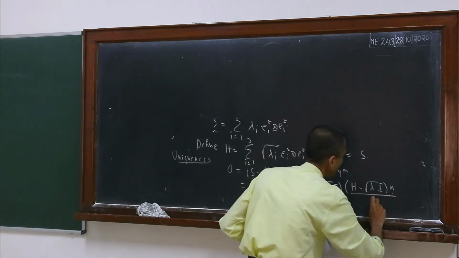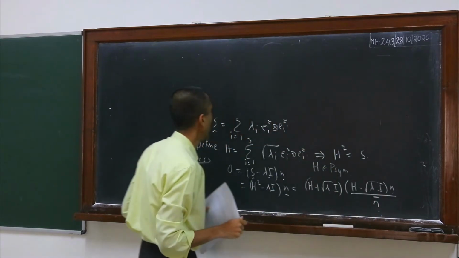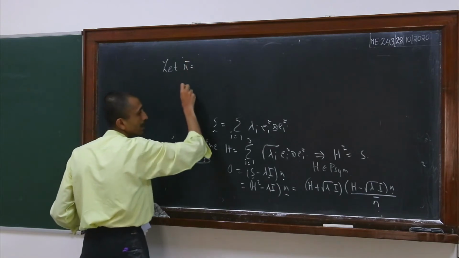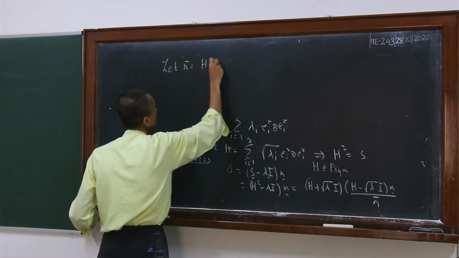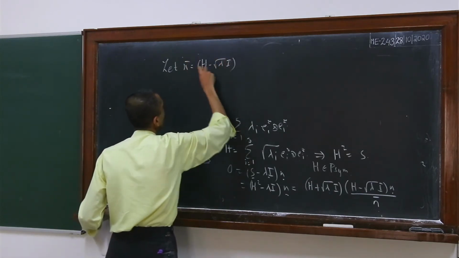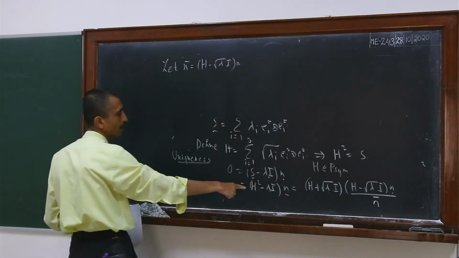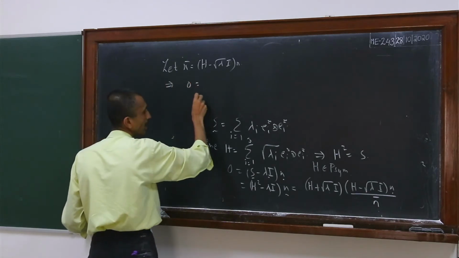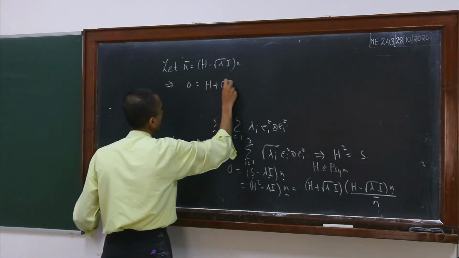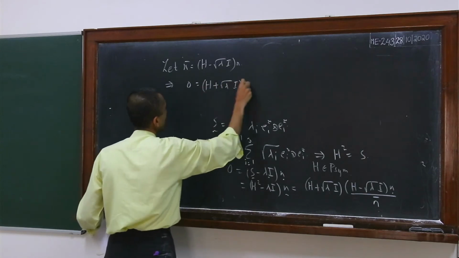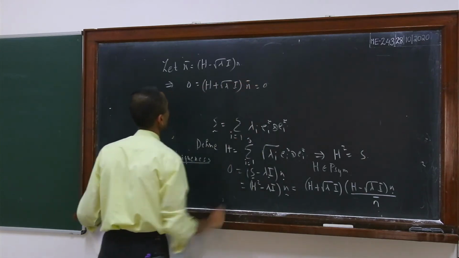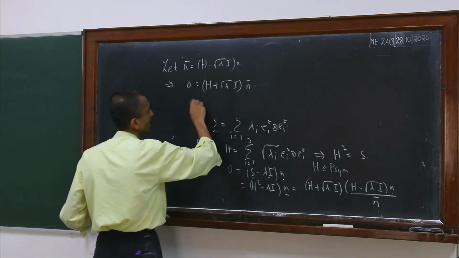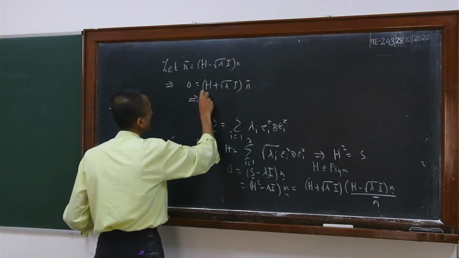Now we will call this vector n bar. Let n bar be equal to H minus root lambda i I times n. So now this implies that H plus root lambda i I times n bar is equal to 0. This implies that n bar is equal to 0.